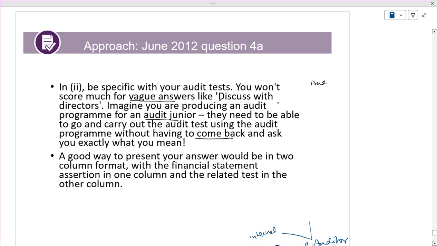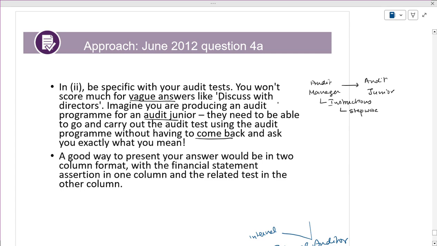Assume you are an audit manager giving a task to the audit junior. The instructions should be very, very clear and stepwise. What is the first step, what is the second?